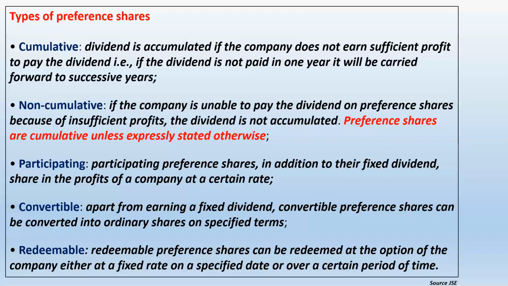It only appears in the statement of changes in equity, where it reduces my retained earnings. So for a compulsory redeemable preference share, the dividend attached to that share is treated as finance cost in the statement of profit or loss, and then the outstanding loan amount, the outstanding capital amount, is treated as a non-current liability in the statement of financial position.